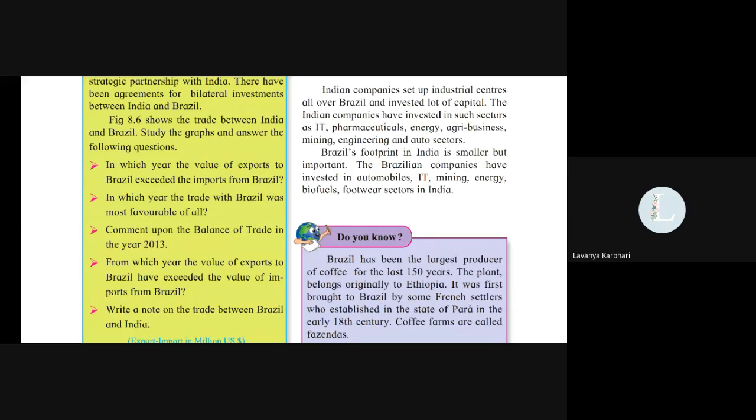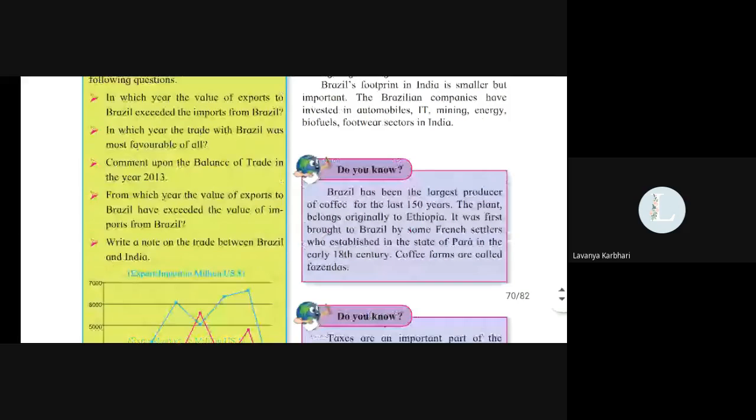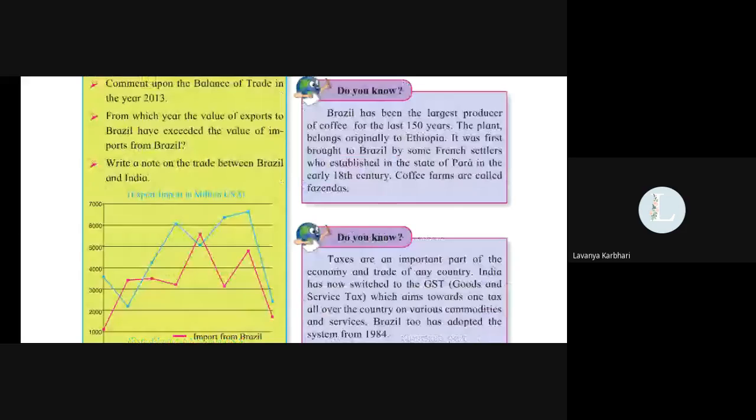Okay. So do you know Brazil has been the largest producer of coffee for the last 150 years. म्हणजे 150 वर्षापासून ब्राझील हा जगातील सगळ्यात जास्त कॉफी प्रोड्यूस करणारा देश आहे. The plant belongs originally to Ethiopia.